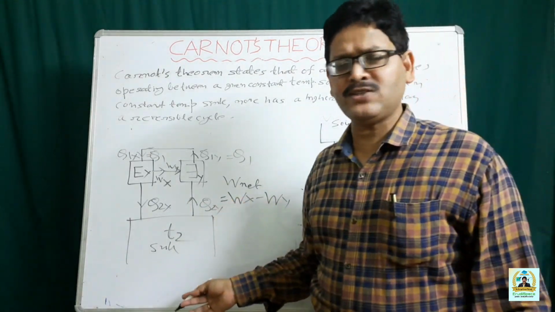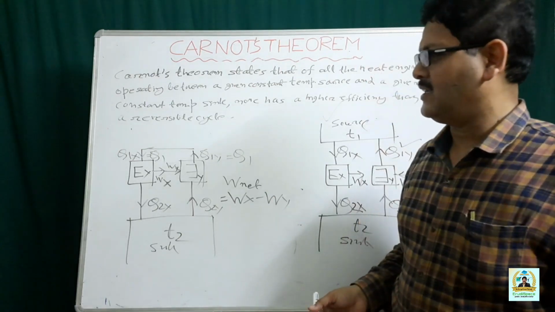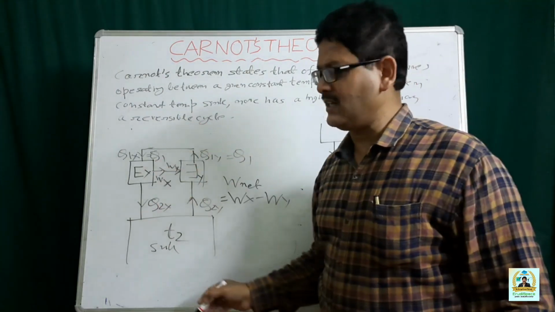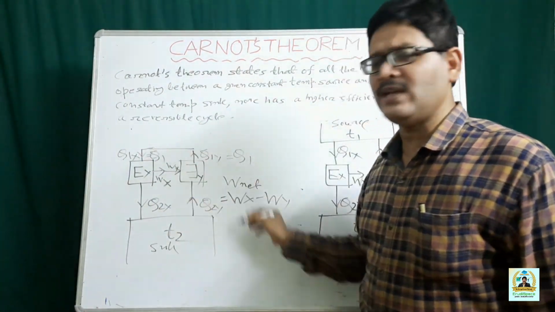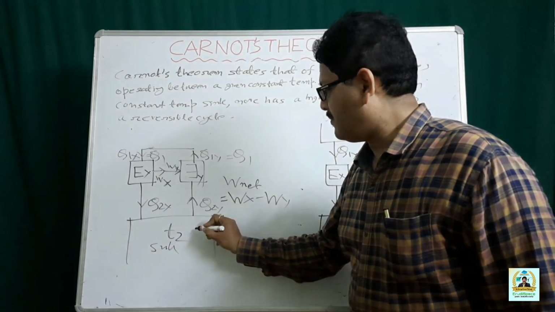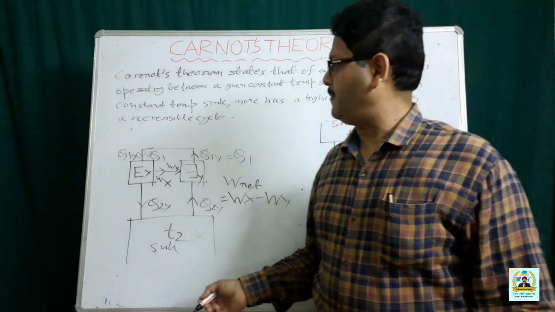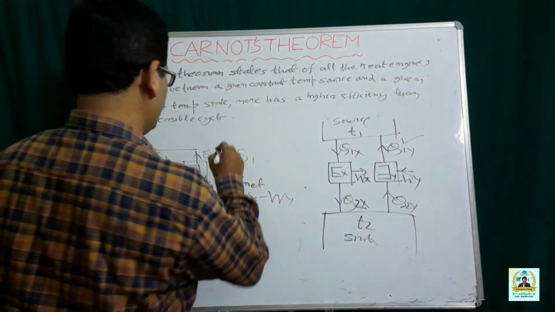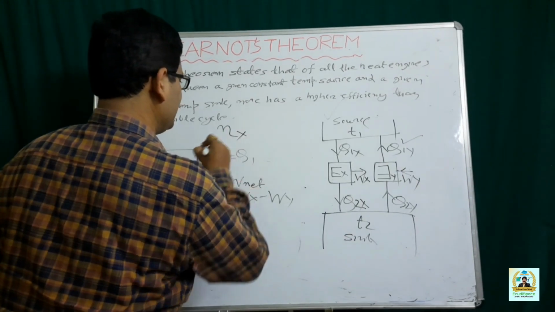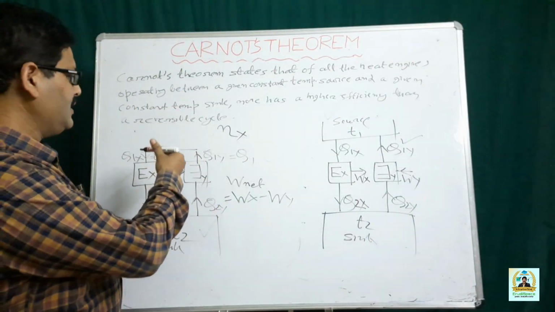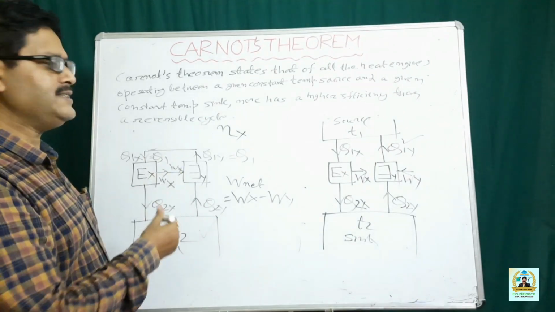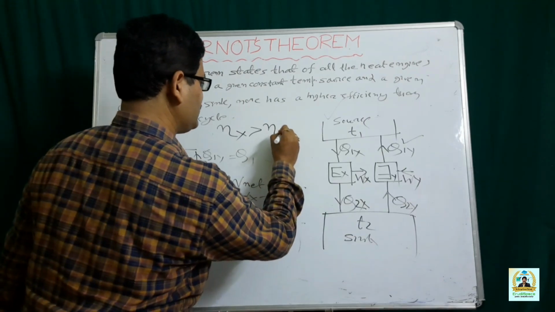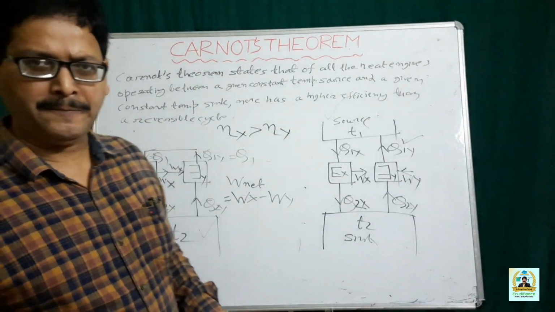So this actually violates the second law of thermodynamics, because you cannot run a heat engine by interacting with a reservoir at a single fixed temperature. So this is due to the erroneous assumption that eta x, that is the efficiency of the irreversible heat engine, is more than the efficiency of the reversible heat engine, which is eta y.